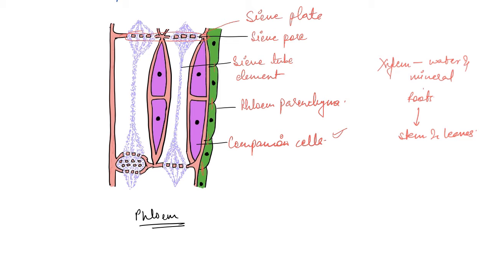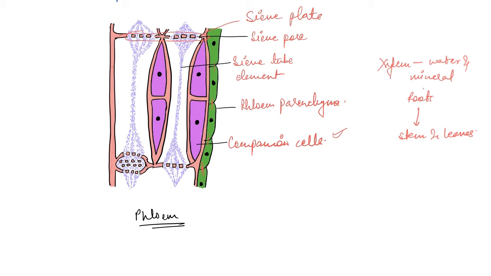So, phloem fibers are made up of sclerenchymatous cells. They are generally again absent in the primary phloem, but they are found in the secondary phloem. So as we have primary and secondary xylem, we have primary and secondary phloem as well.